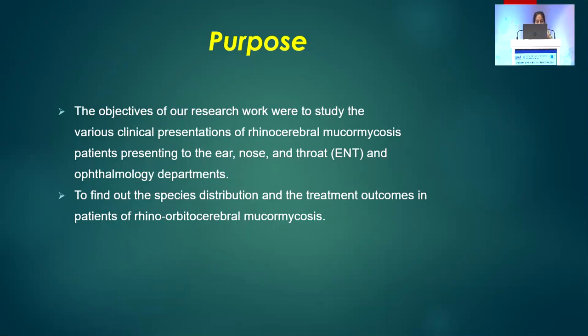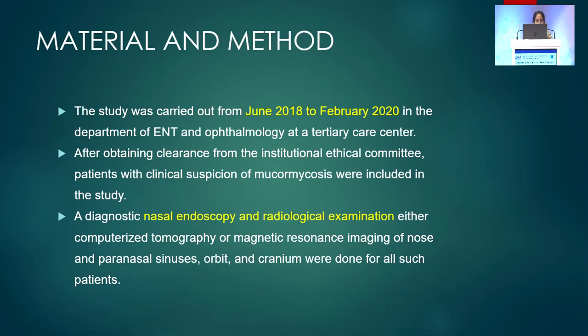This study was carried out from June 2018 to February 2020 in both the ENT and ophthalmology departments, after obtaining clearance from the ethical committee. Patients with clinical suspicion of mucormycosis were included. For diagnosis we did nasal endoscopy and radiological examination, either CT or MRI of the nose and PNS, orbit and cranium.